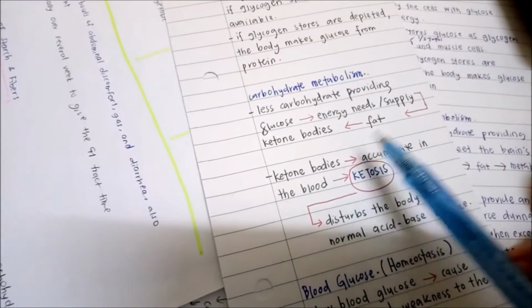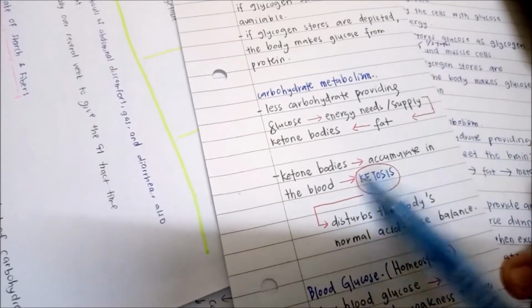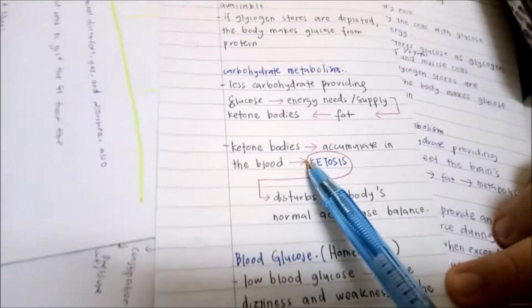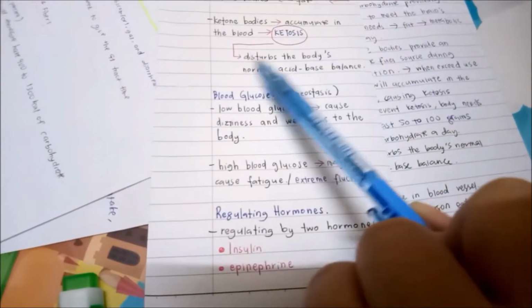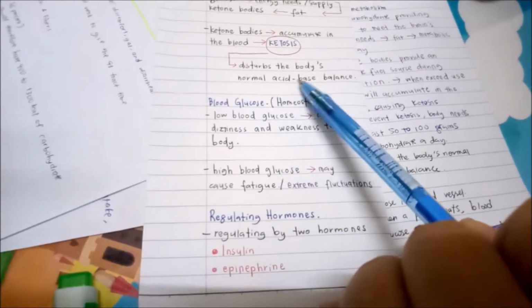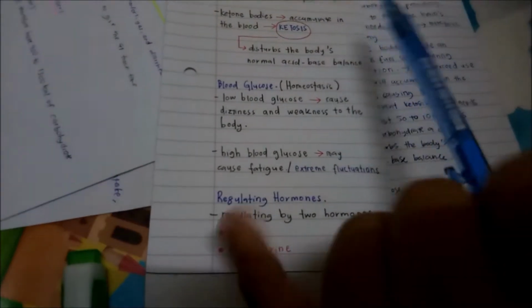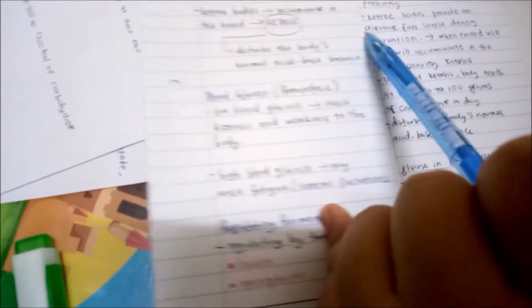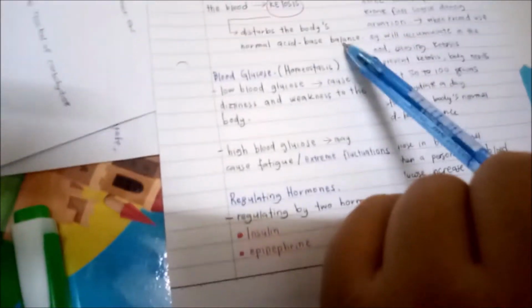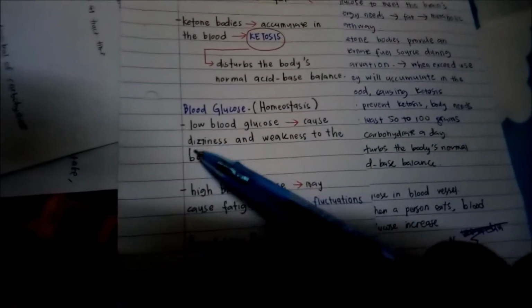Excess ketone bodies will accumulate in the blood and lead to ketosis. Ketosis will disturb the body's normal acid-base balance. To prevent ketosis, the body needs at least 50 to 100 grams of carbohydrate per day.